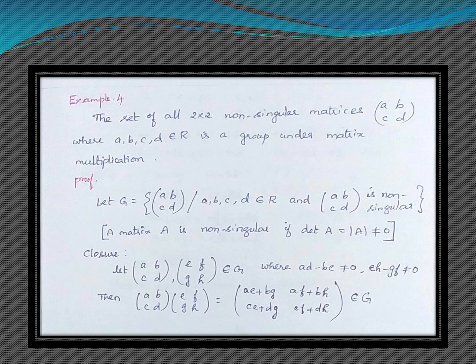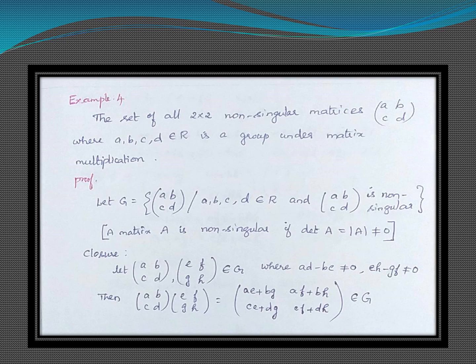Example 4. The set of all 2 by 2 non-singular matrices A, B, C, D, where A, B, C, D belong to R, is a group under matrix multiplication. Here the set is the set of all 2 by 2 matrices A, B, C, D that satisfy the condition non-singular. What is the meaning of non-singular? A matrix is non-singular if the determinant of the matrix is not equal to 0.